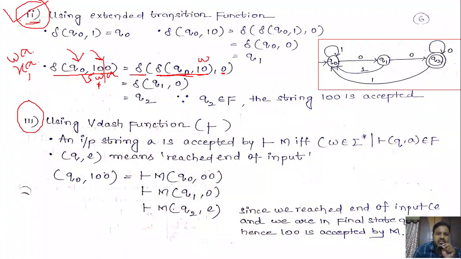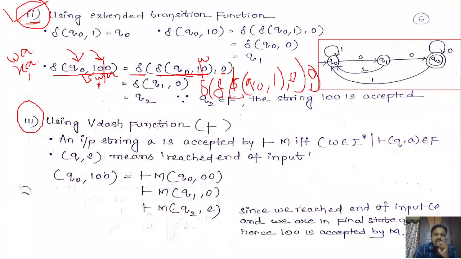Then delta of q naught comma 10 again splits into two parts: delta of q naught comma 1, then comma 0, whole transition like this, and after that again 0.